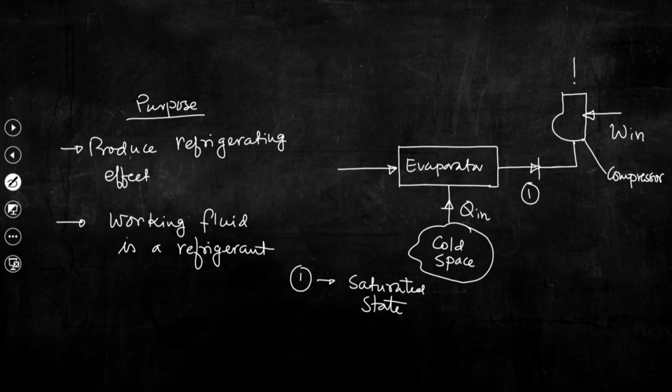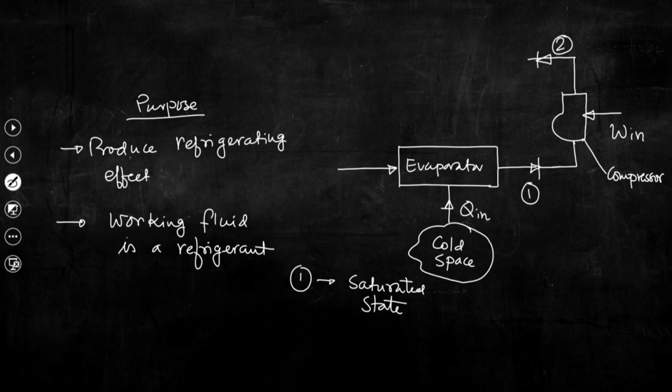The sole purpose of the compressor is to build up pressure, and if this is state point 2, high pressure refrigerant vapor is available at the exit of the compressor.